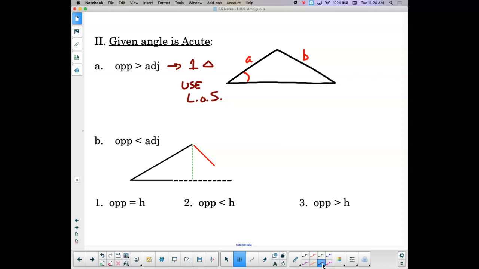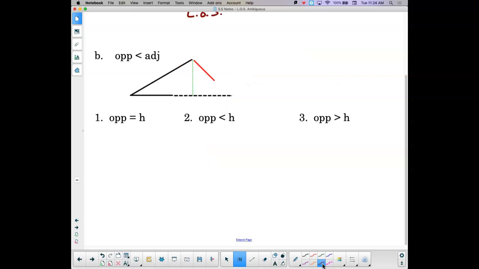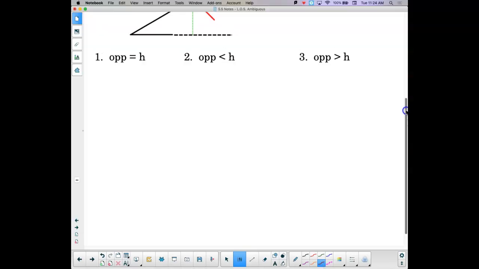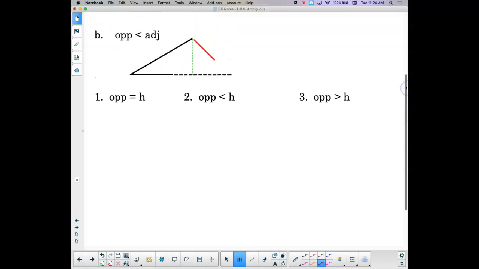It's this next one where things get all cray-cray. If our opposite side, well here let me put in so we have this angle, this is our adjacent side, that's our opposite side.